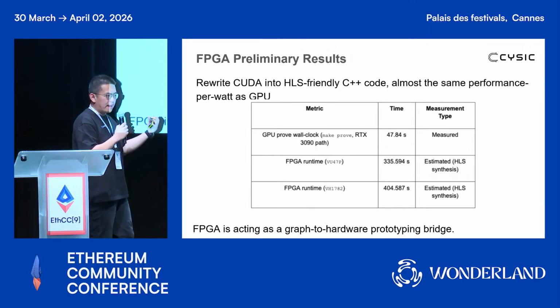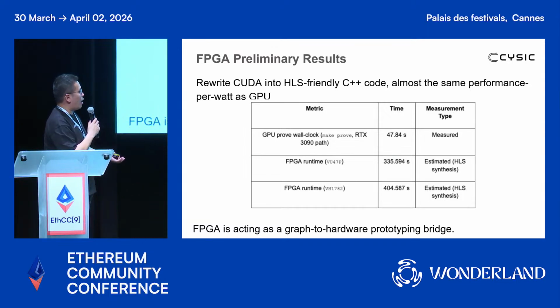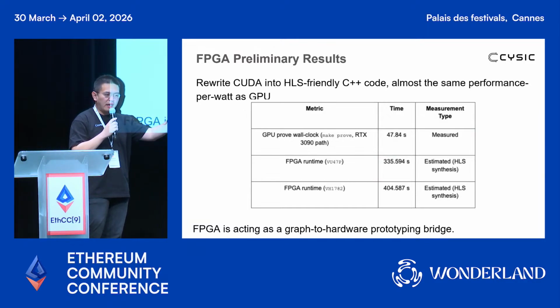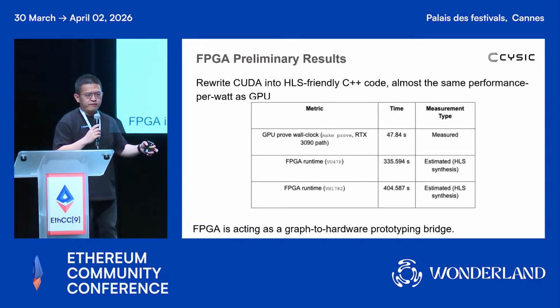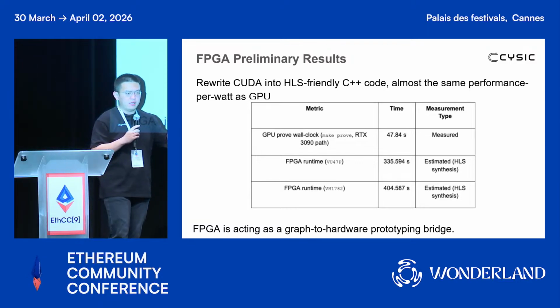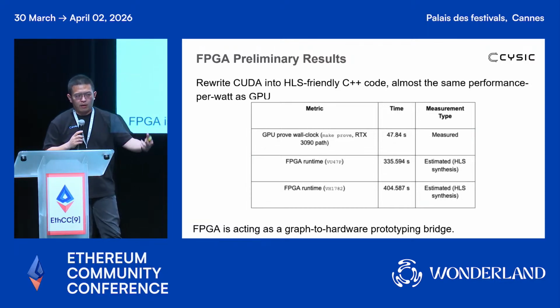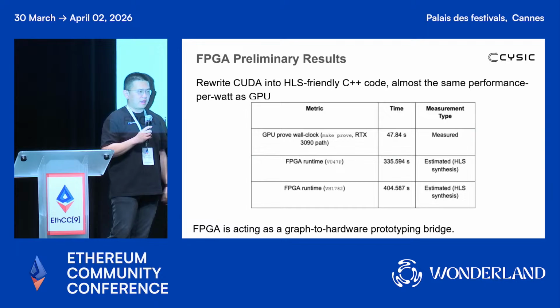We didn't do any optimization on it yet, and it's showing almost the same performance per watt as the GPU. For the hardware, there are two metrics. The first is performance per dollar, which means how much you pay for your hardware. The second is performance per watt, which means the energy efficiency of the thing.